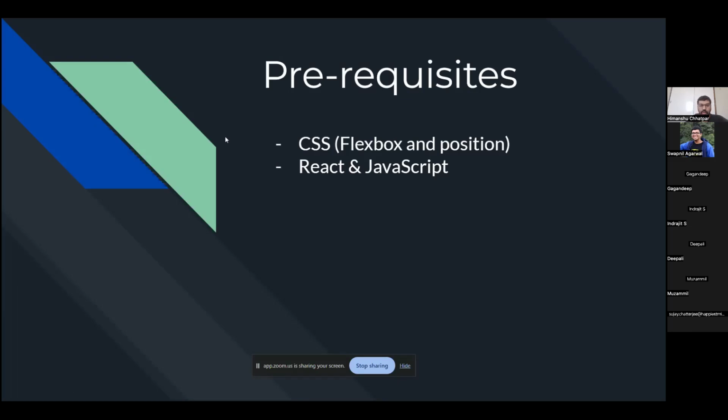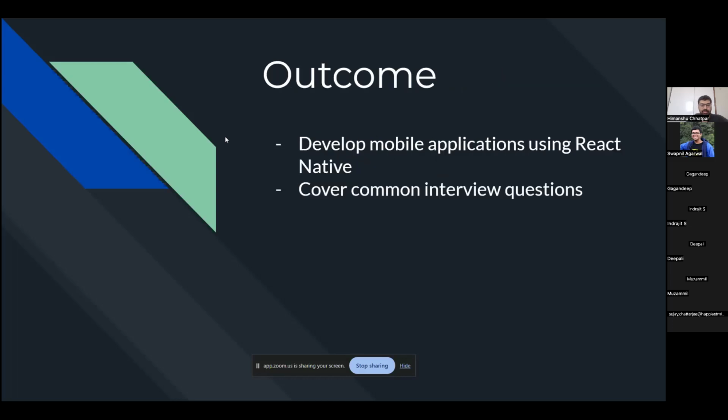The outcome: this is the first in a series. I'm looking for a series, so this would be the first part of it. The outcome I'm looking for is that you would be able to develop mobile applications using React Native. Along with that, I want to cover the common interview questions as well as the architecture, so you understand how React Native works.